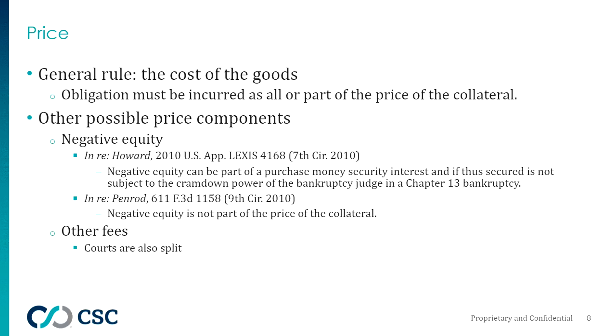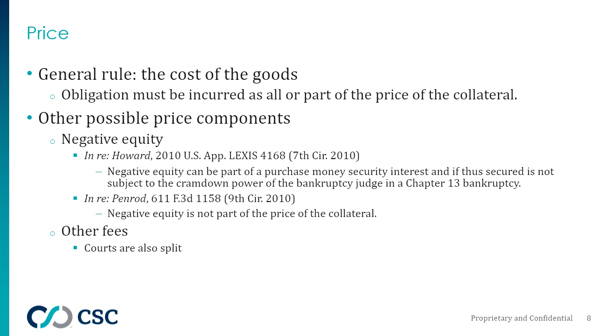Some courts say, yeah, because the transaction wouldn't have happened without financing the negative equity to pay off the old loan, we can include that as part of the purchase money obligation. Whereas other courts in different jurisdictions have said, no, negative equity is not part of the price of the collateral. And so the courts are split on that.